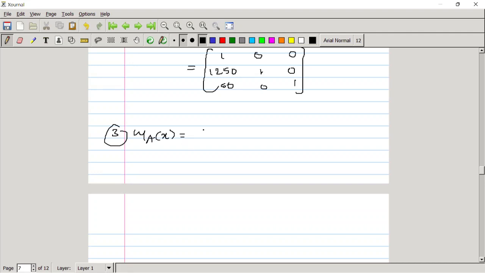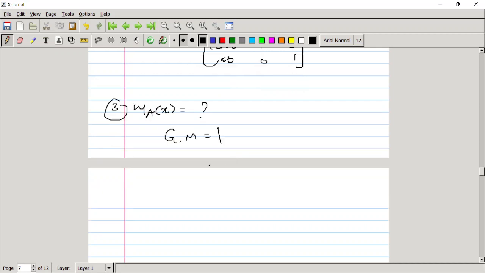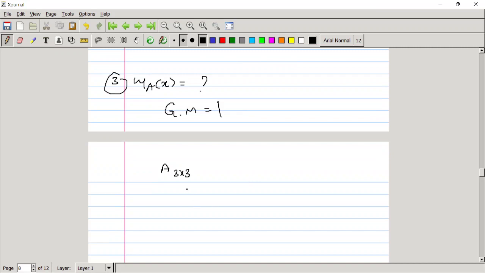From the first problem, we have geometric multiplicity equal to 1. In the last class I told you that geometric multiplicity is nothing but the number of Jordan blocks. Here A is given as a 3 cross 3 matrix, so the JCF also is of order 3 cross 3.